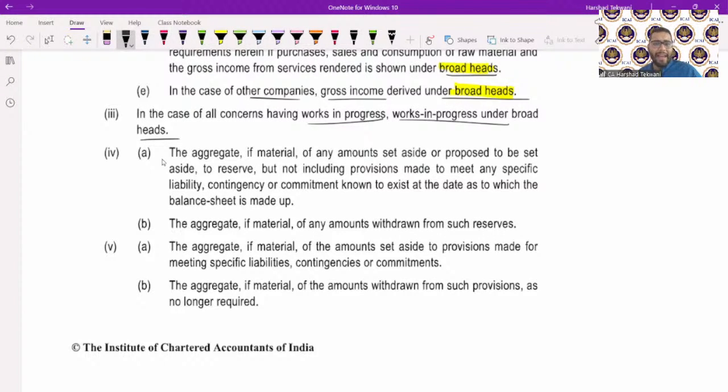The aggregate, if material, amount set aside or proposed to be set aside for reserve, but not including any provision made for specific liability, contingency, or commitment known to exist at the date which the balance sheet is made up to. So amount set aside as a reserve, but not including provision. If you set aside any amount as a reserve, then that amount is required to be disclosed.